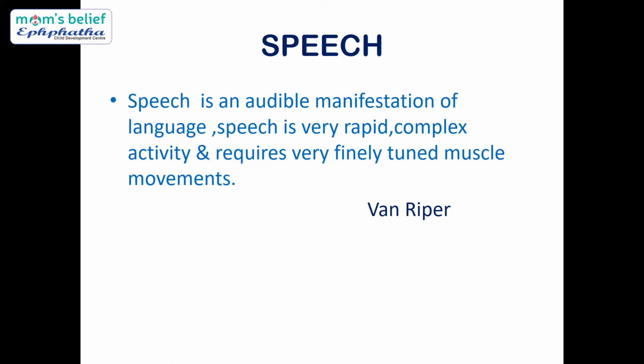The participants can see the words here: audible manifestation, nothing but oral, what we can hear. If something has to be heard, then we have to say it orally or verbally, and then it is heard.